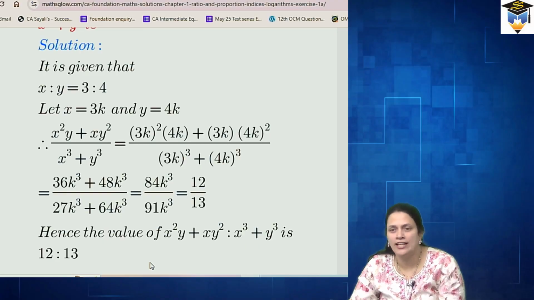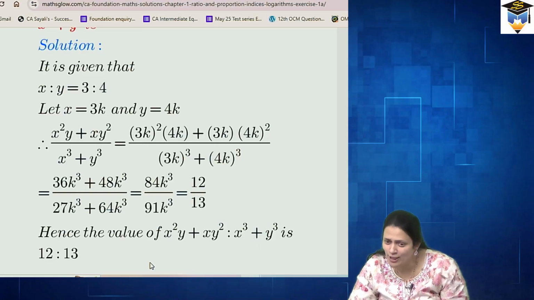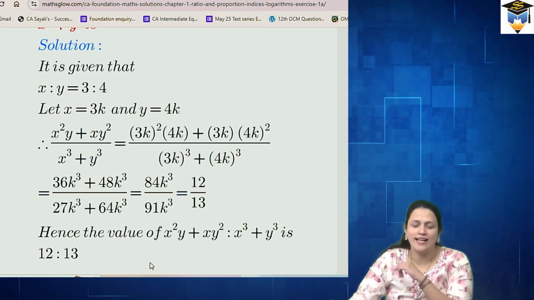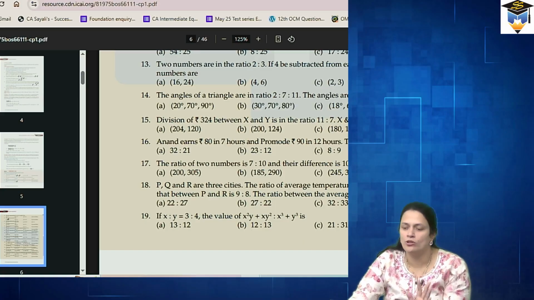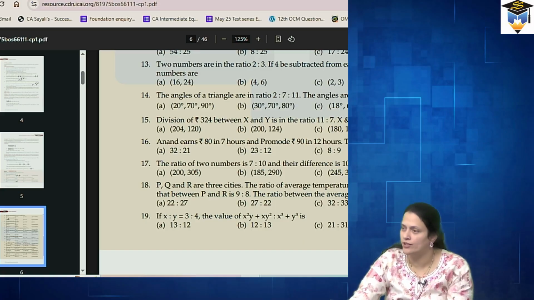So 84/91 is when you divide it by 7, you get the answer as 12/13. तेच मला वाटत होतं 13 नी तरी होत आहे. 91 comes in the table of 13 ना. So you got the answer. Answer is 12:13. Understood? Please write down this method.